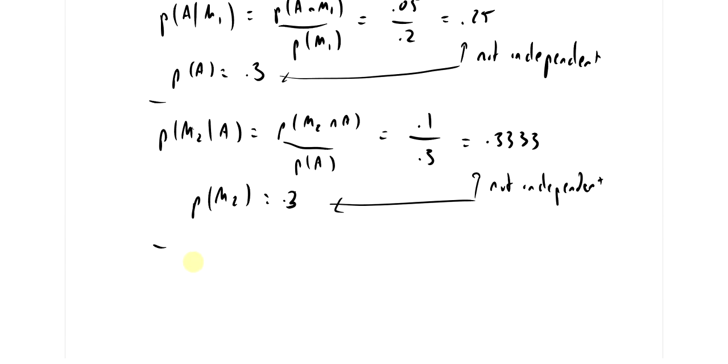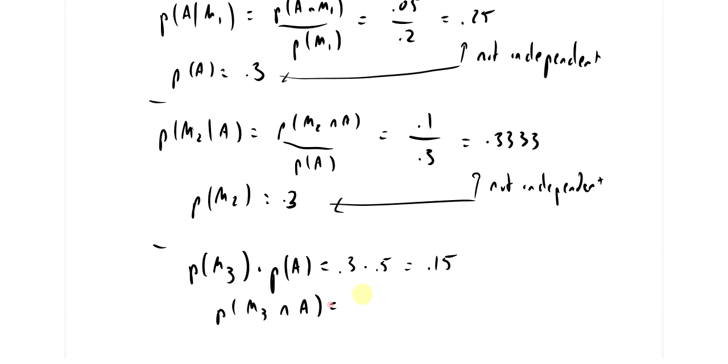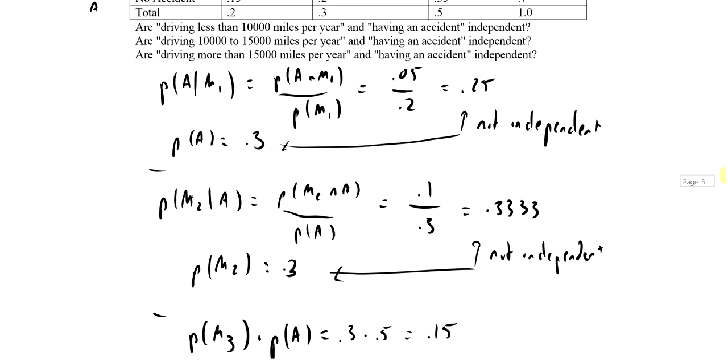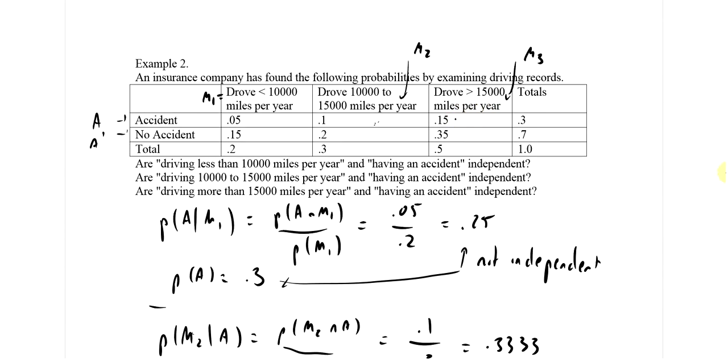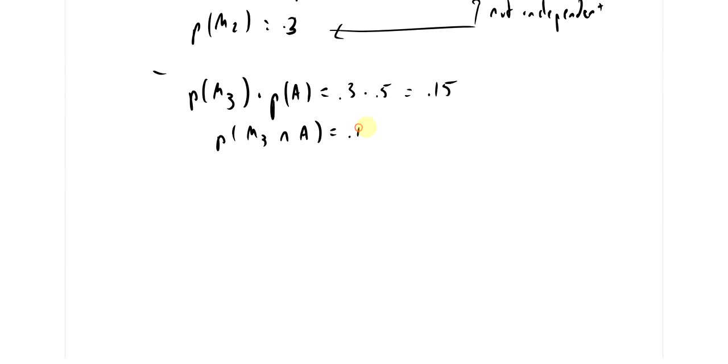Well, we can use our other test for independence for this. The probability of M3 times the probability of an accident is 0.3 times 0.5, which is 0.15. The probability of M3 intersection A is this number, so it's also 0.15. And if those two are the same, then they're independent.